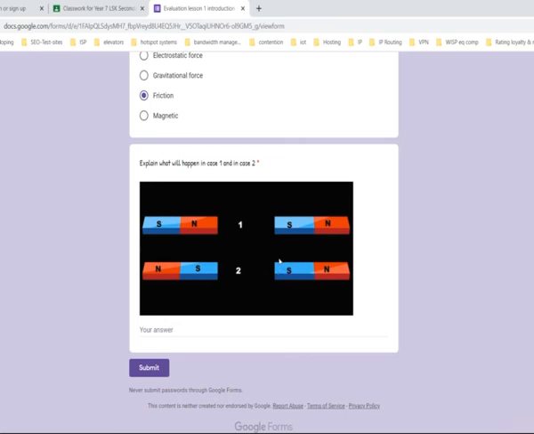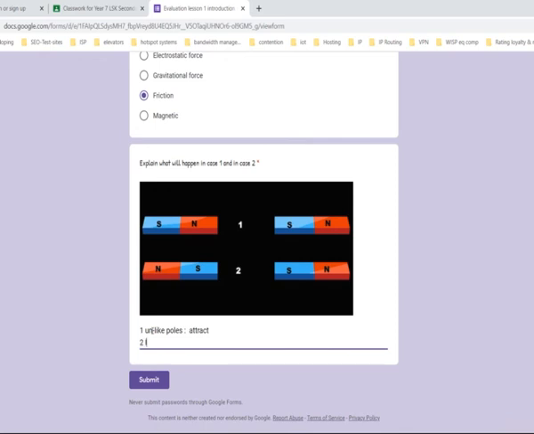Two like poles will repel, and two unlike poles will attract. So the first one is unlike poles, and it will attract. The second is like poles, and they will repel each other, and then I will submit it.